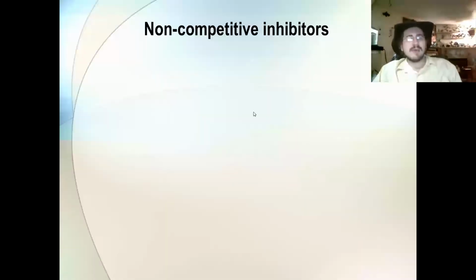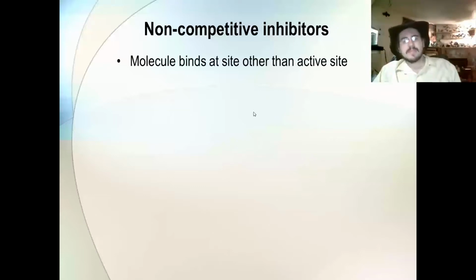Now let's talk about non-competitive inhibitors. So in this case, an inhibitor binds to a site on the enzyme that is not the active site. When it does that, it alters the shape of the active site so that the substrate can no longer bind.